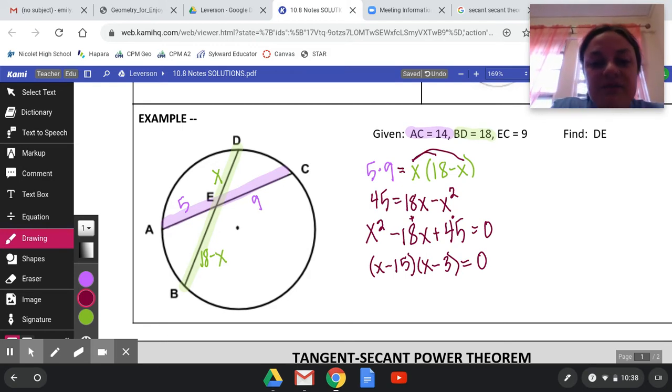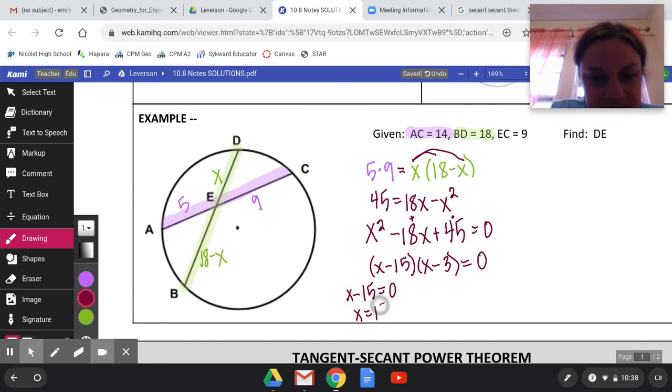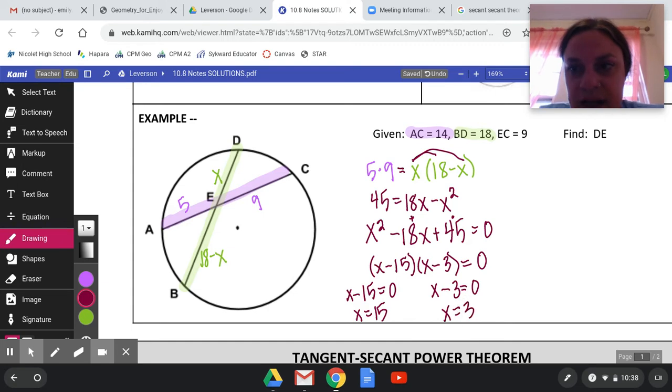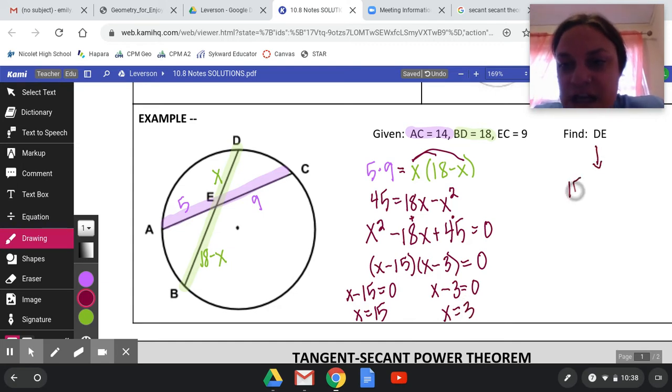Now if I individually take x minus 15 and set it equal to 0, x is equal to 15, just applying the zero product property. Or x minus 3 is equal to 0, so x is equal to 3. So I have two answers, 15 or 3.